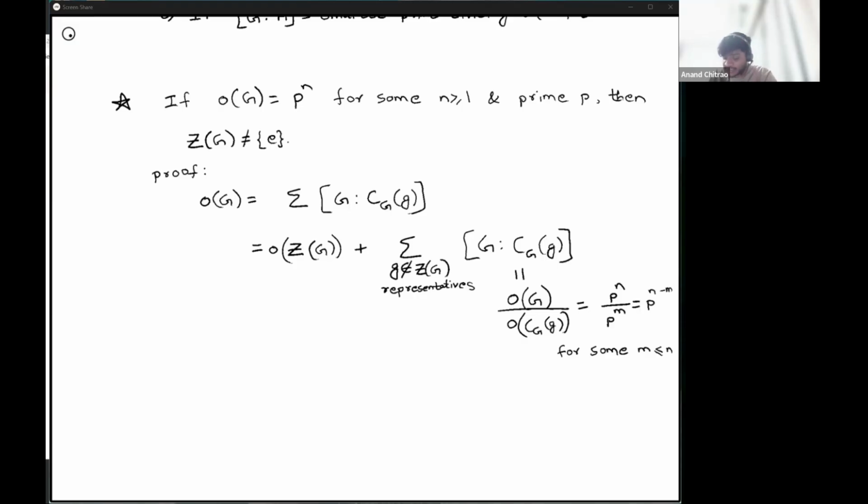But note that this g is not in the center. Therefore, Cg of g cannot be the whole of capital G. This means n minus m is at least 1. So g not in ZG implies m cannot be equal to n.